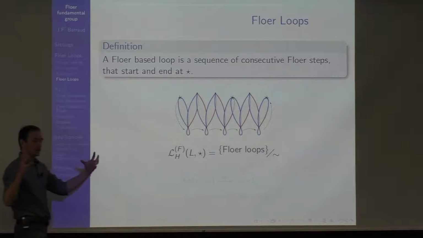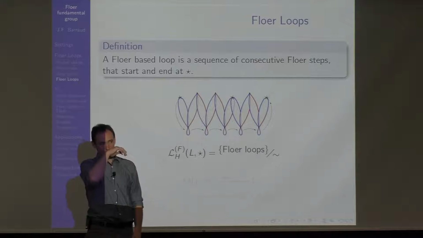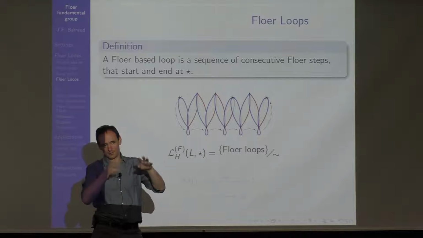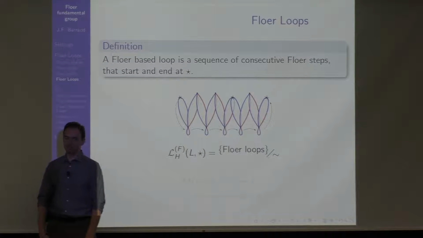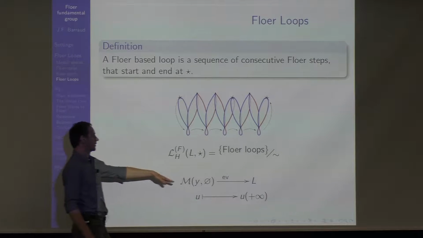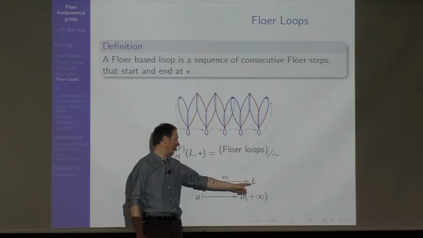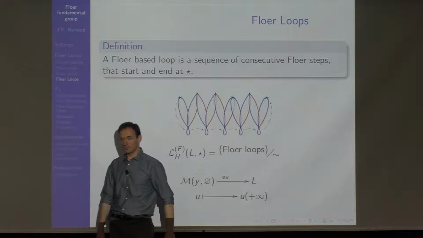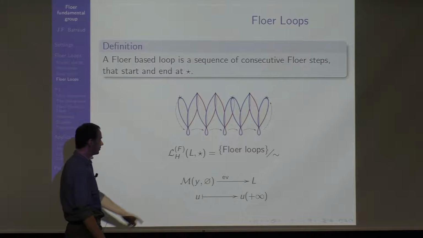And of course, you can concatenate Floer loops. And if you use the obvious cancellation rule that if you do a step forward and immediately backward, then you can remove this from your sequence, then this turns the Floer loops into a group. And moreover, I recall we had this evaluation map that turned each component of the moduli space into a path in L. And now if I have a sequence of consecutive steps, I can concatenate all these paths, and this gives me a loop in the manifold.